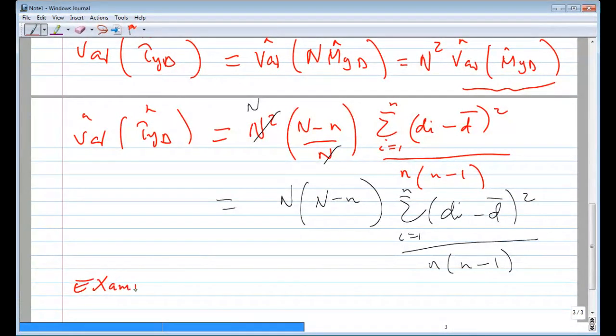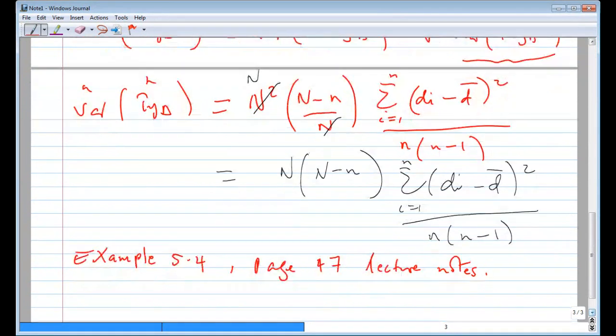Example 5.4, page 47, lecture notes. Do you have it?